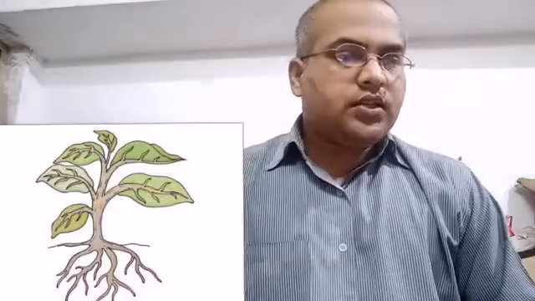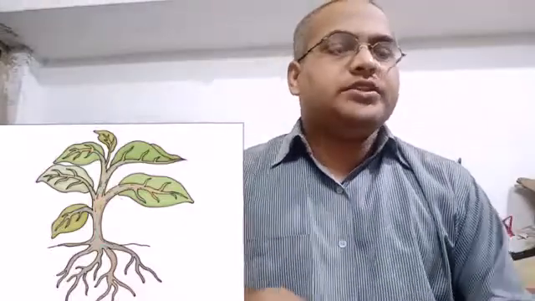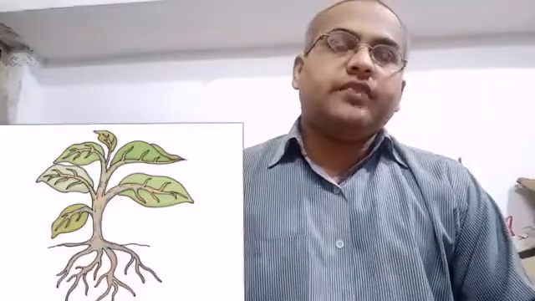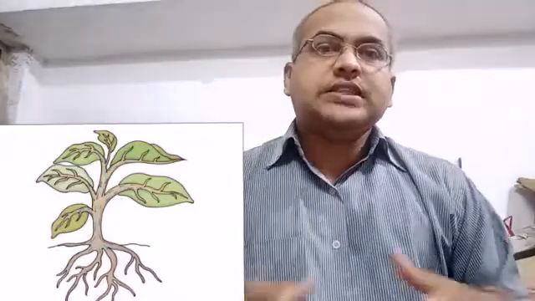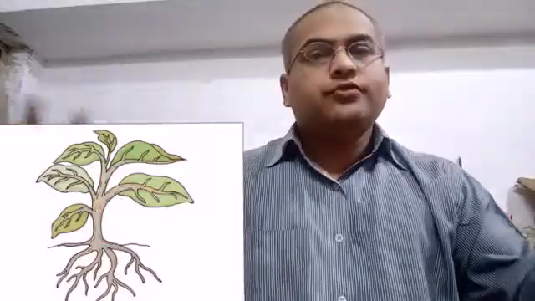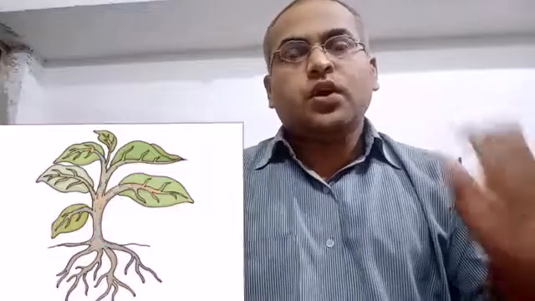The design made by these veins is called venation, and the function of the veins is to transport water and minerals and to transport the prepared food back to the stem. So this is what a small leaf is.